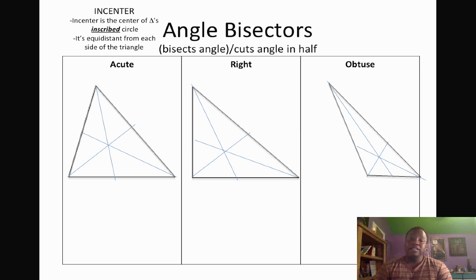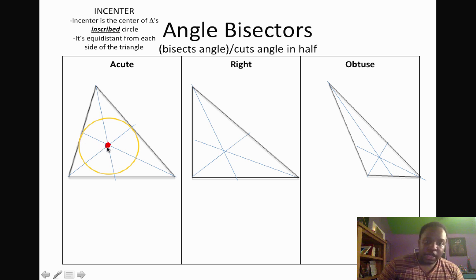And then angle bisectors. The point of concurrency for angle bisectors is called the incenter. So here is the incenter. The incenter is the center of the inscribed circle, so you can create a circle that perfectly touches all 3 sides of the triangle once.